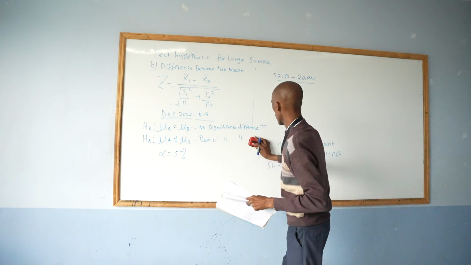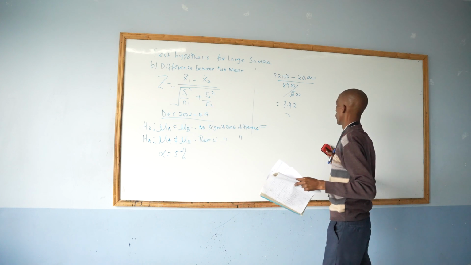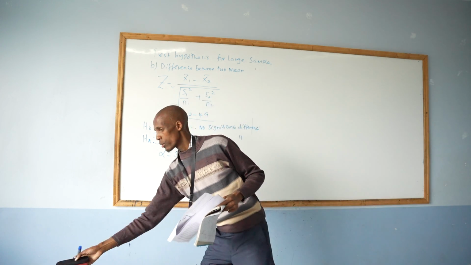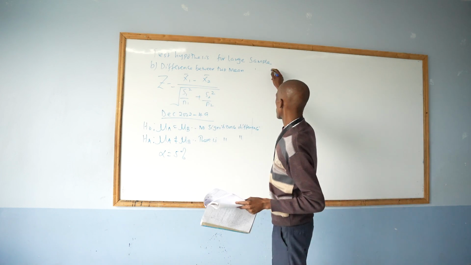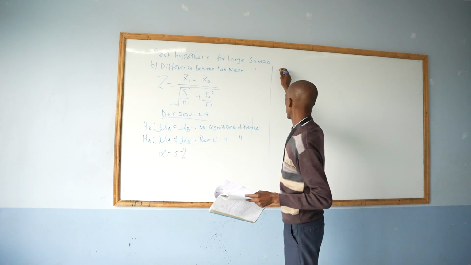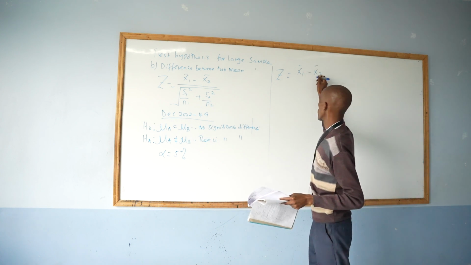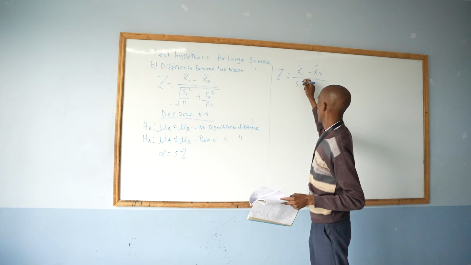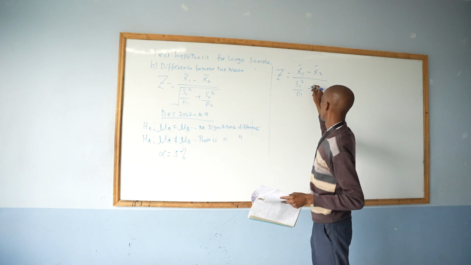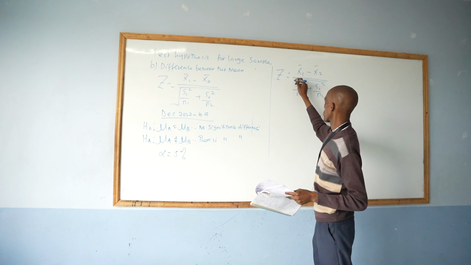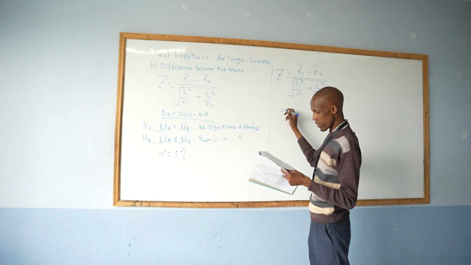Therefore, if you come to this side, two means. The Z test we have said is there. We can write it again: x1 minus x2 divided by the square root of s1 squared divided by n1 plus s2 squared divided by n2, where x1 is the sample mean of the first one.